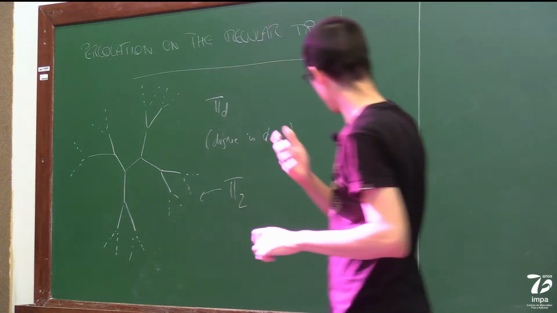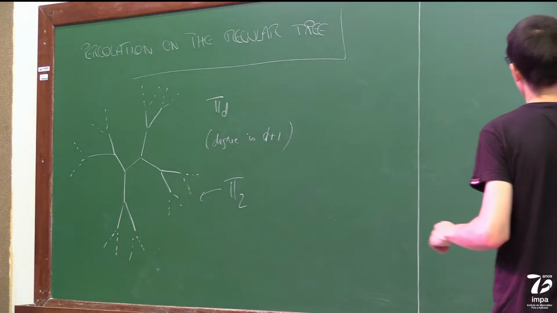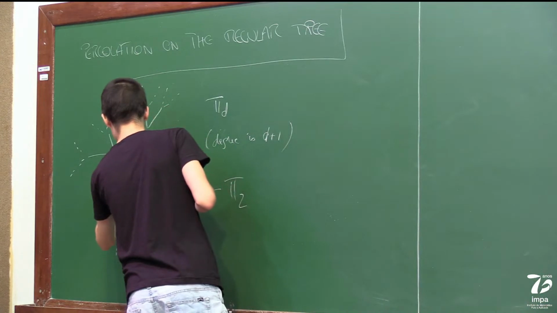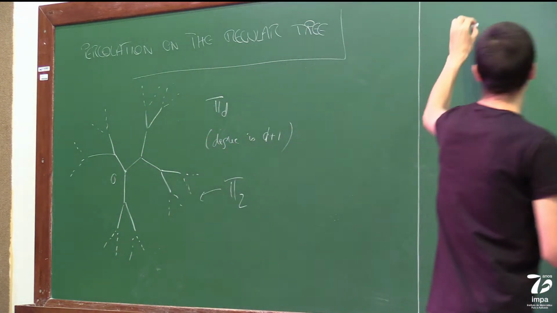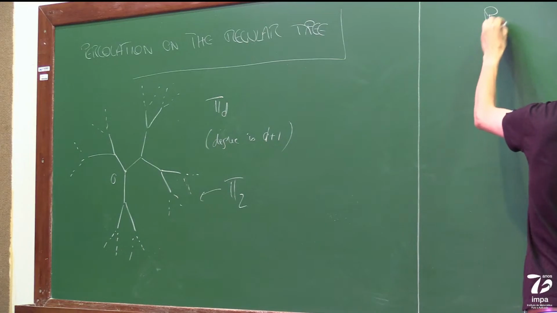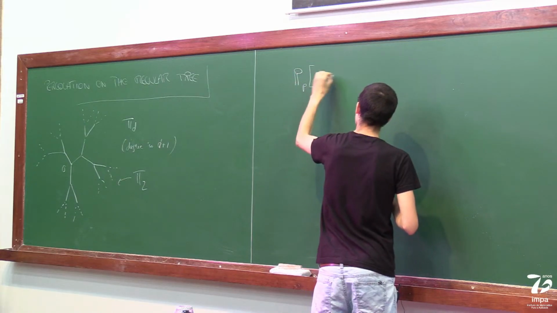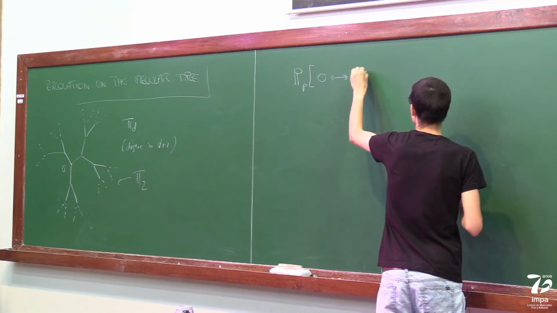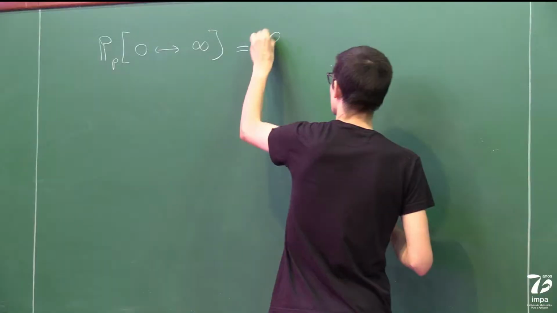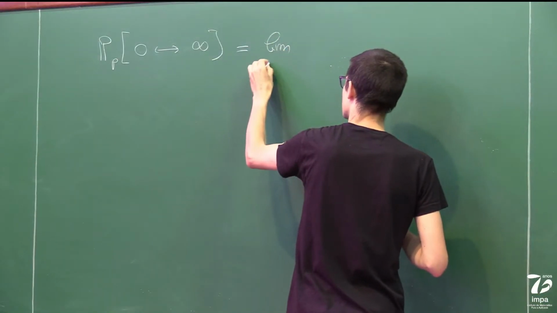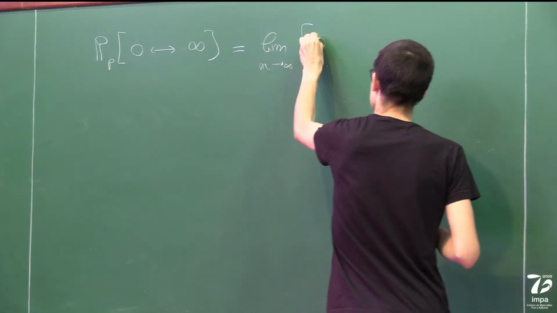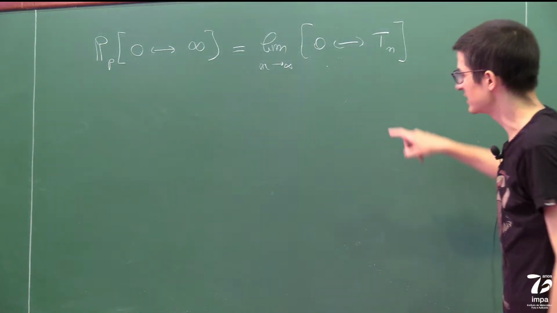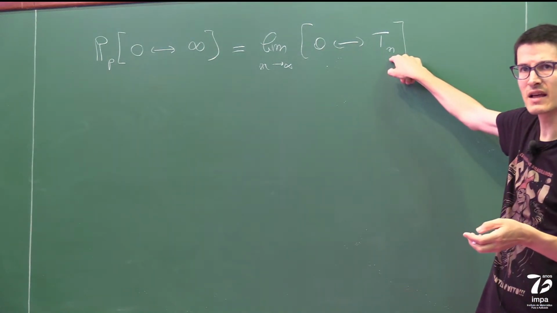Okay, and yesterday what we did was to say, okay, I determine one vertex to be the root. If I look at the probability that 0 is connected to infinity, this is equal to the limit when n goes to infinity that 0 is connected to, I think I named it Tn, the set of vertices that are at distance n.